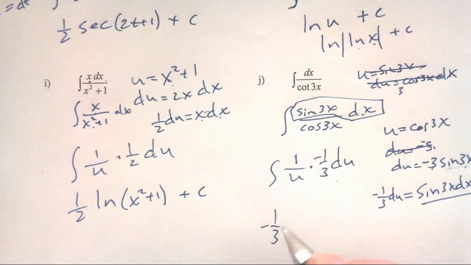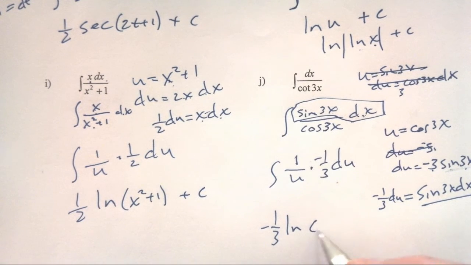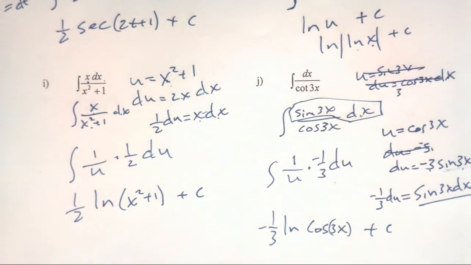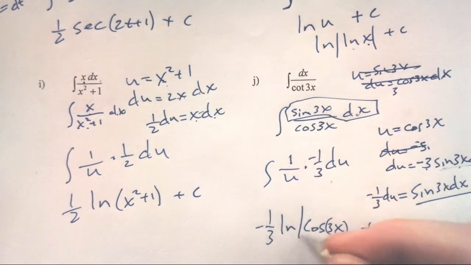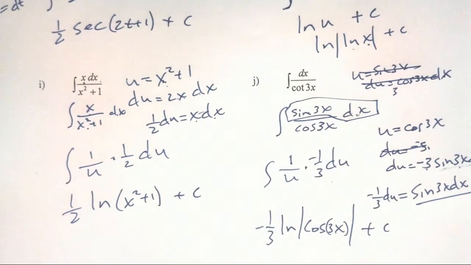So negative 1/3 ln u. u is cosine of 3x. Careful, we're going to come back to that. Plus c. Could cosine of 3x be a negative value? Yes, we don't want it to be. Therefore, absolute value. And there we have it.